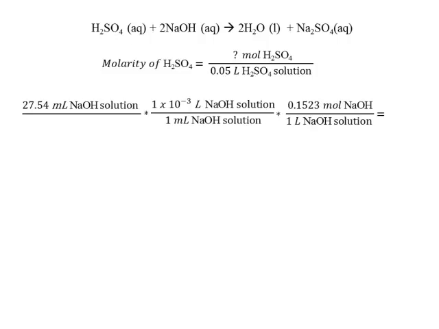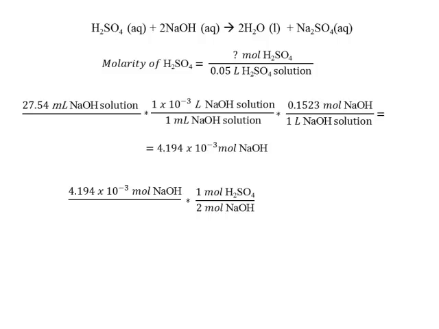I can then use the molarity of that solution to get how many moles of NaOH I added. That's 4.194 times 10 to the negative 3 moles of NaOH. From the balanced equation then, I can convert those moles of NaOH to moles of H2SO4, and that'll give me 2.097 times 10 to the negative 3 moles of H2SO4.